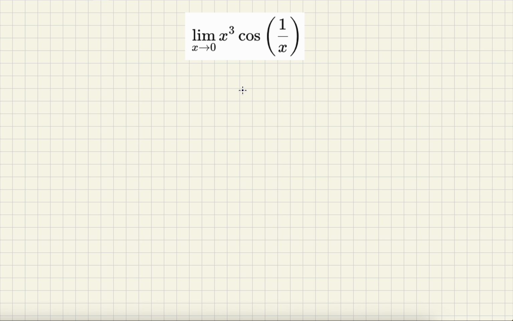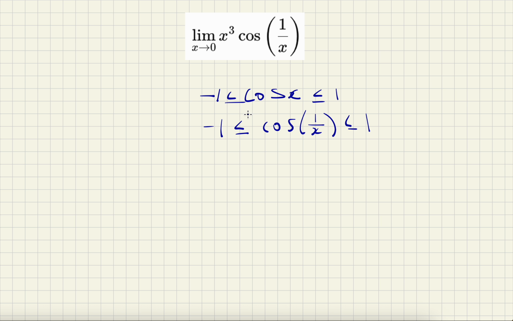So just like sine, we know that cosine of x is bounded by negative 1 and 1. We know that it's greater than or equal to negative 1 and less than or equal to 1. And using that same principle, we can infer that cosine of 1 over x is greater than or equal to negative 1 and less than or equal to 1.